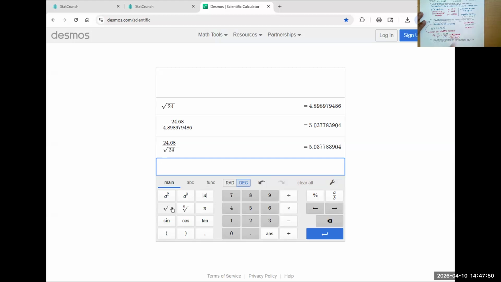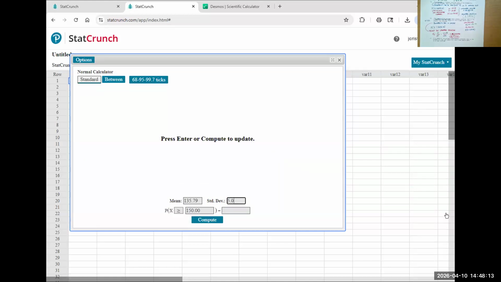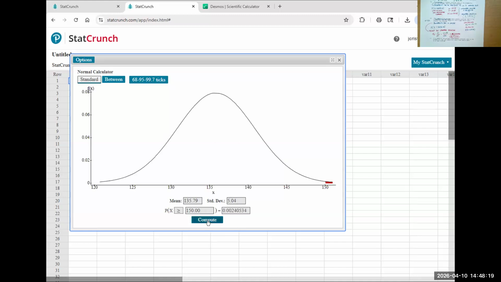If you want to type in that long decimal, you can. Just show what value we're using. And again, we're trying to find the probability that our X bar is greater than $150. Okay. So now in our StatCrunch, we should be able to see this screen. Same mean. Now we've adjusted our standard deviation, 5.04. Still greater than 150 we're looking for. Compute.